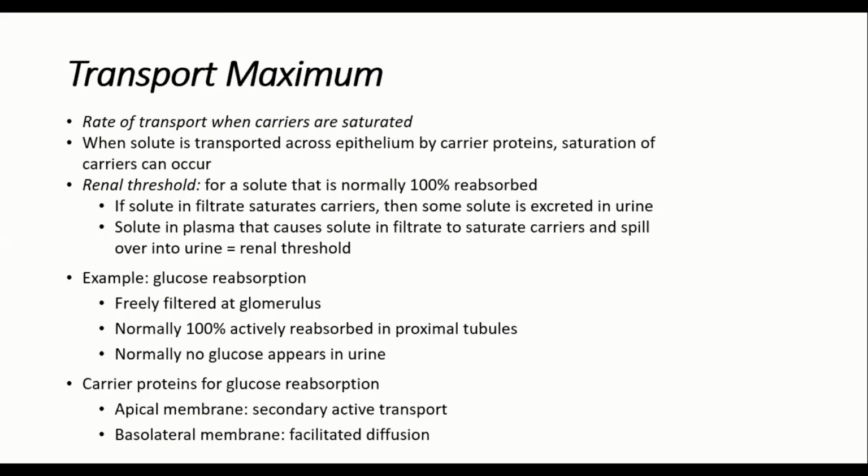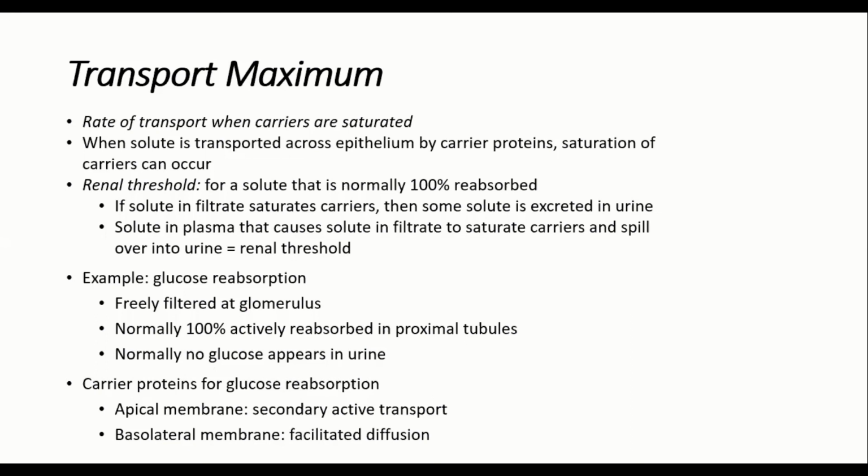But if we raise the levels in the filtrate of that solute, and here again, it's easier to think of the example of glucose, like if we raise glucose concentration in the filtrate, at a certain point, we're going to fully saturate the proteins that carry glucose from our tubular cells out into our capillary cells.